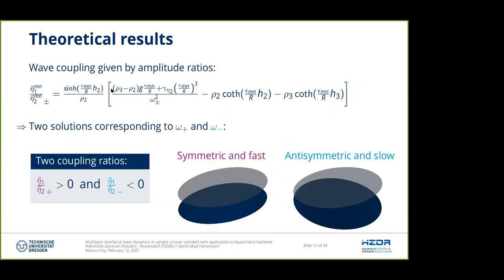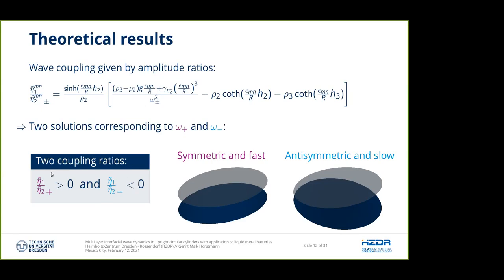And then I went a step further and could also derive the amplitude ratio of these waves, which depends on the frequencies. And I had two frequency solutions, plus and minus. So I directly get also two solutions for the amplitude ratio, where I could show that for the plus solution the ratio is always positive, while the minus ratio is always negative.